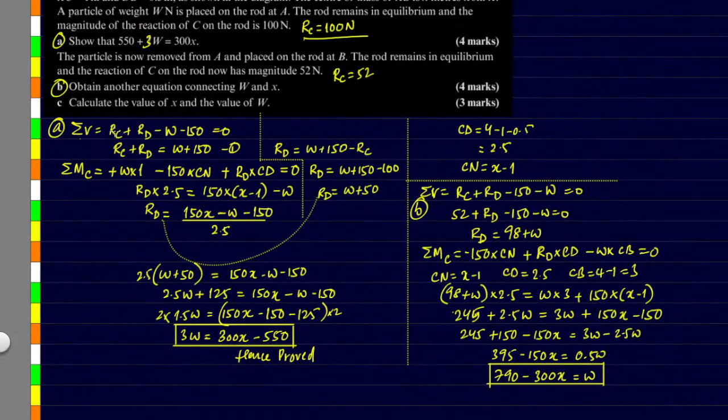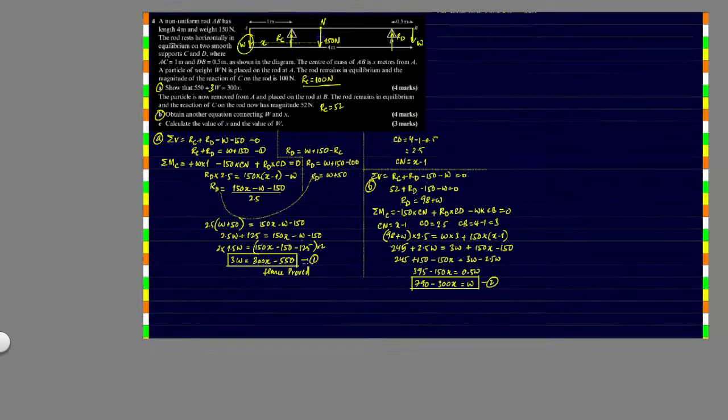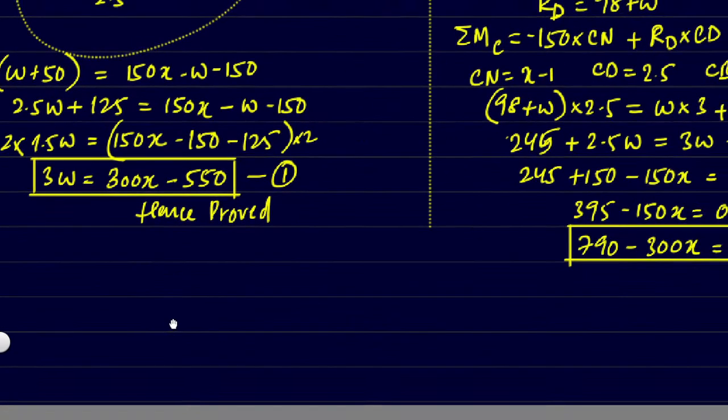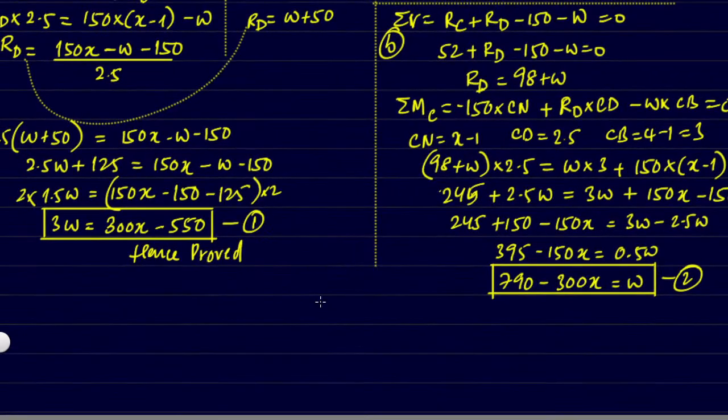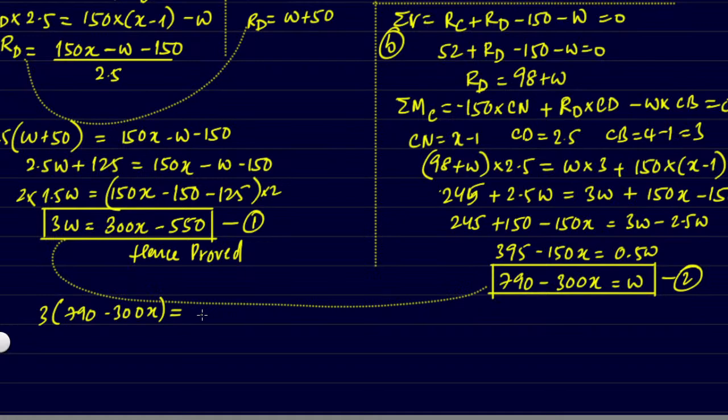Then C bit, the value of x and value of W. Now we have two equations, right? We have equation 1 and equation 2. We just need to solve these two equations to get both values. So let us substitute the value of W here. So 3 times 790 minus 300x equals 300x minus 550, correct?